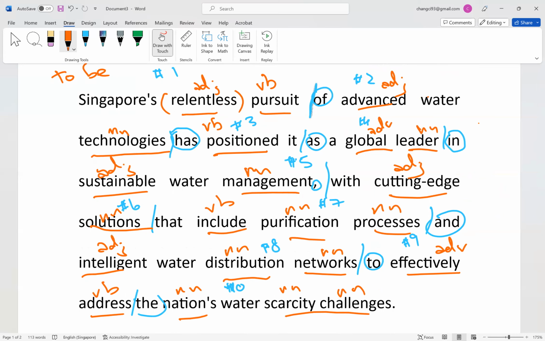So again, Singapore's relentless pursuit of advanced water technologies has positioned it as a global leader in sustainable water management. With cutting-edge solutions that include purification processes and intelligent distribution networks to effectively address the nation's water scarcity challenges. Okay?